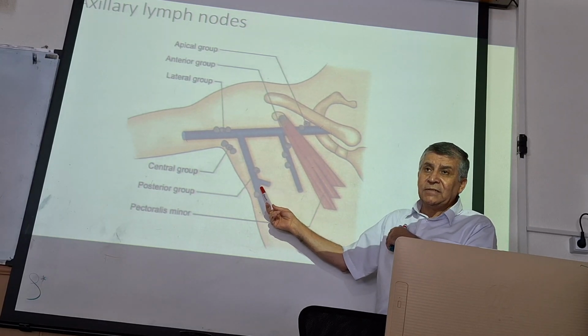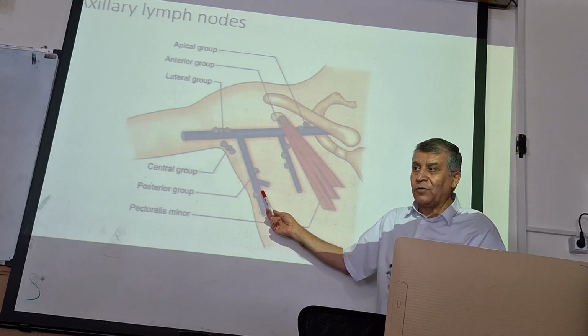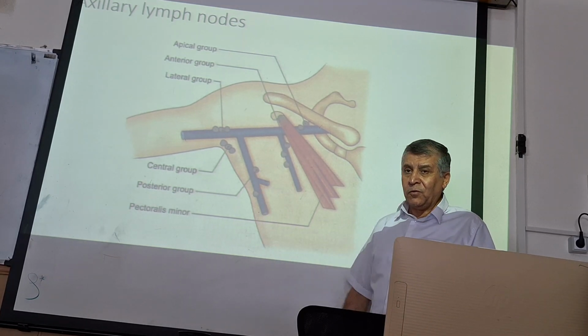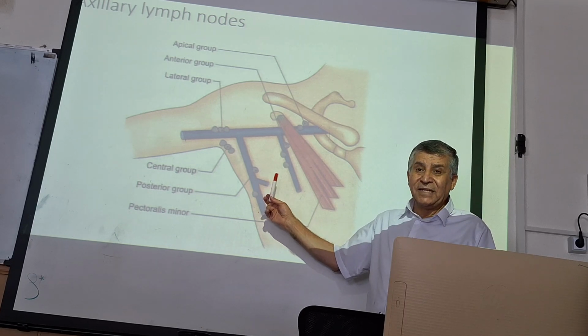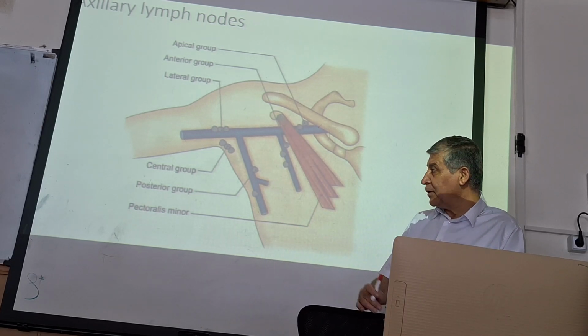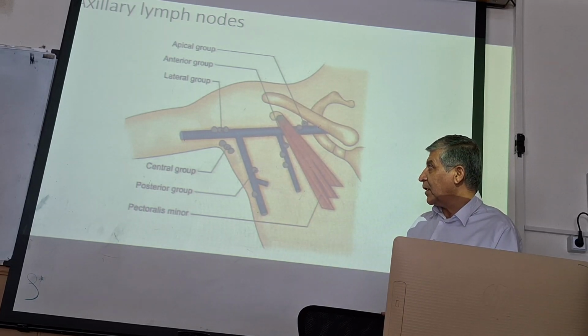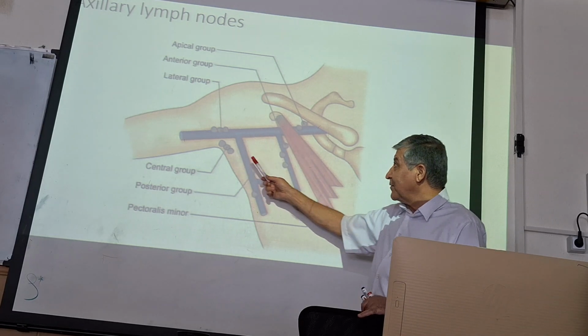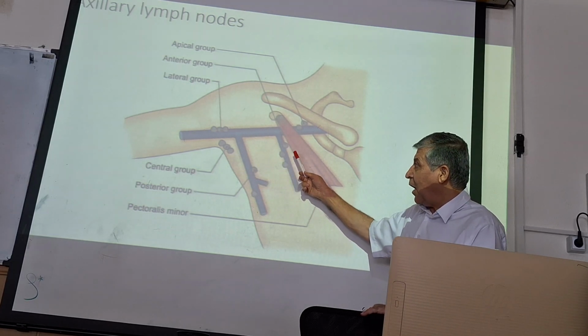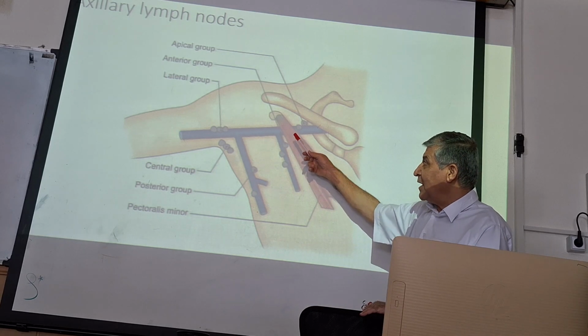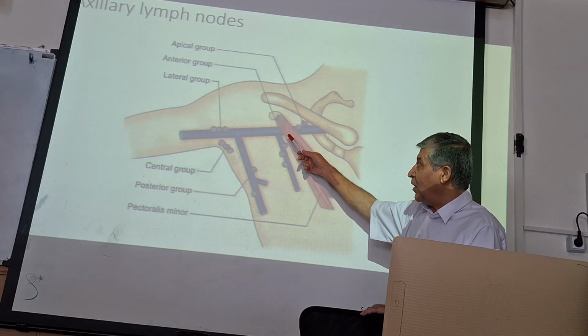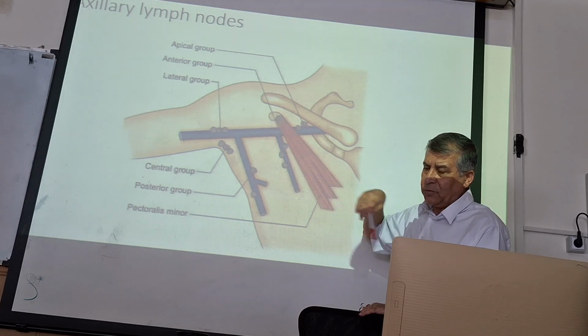The posterior group is on the posterior wall, so it is called the subscapular group. All of them drain into the central group, and all of them drain into the apical group.